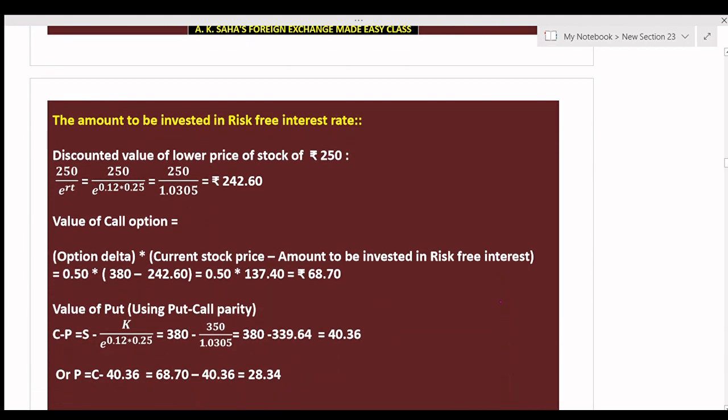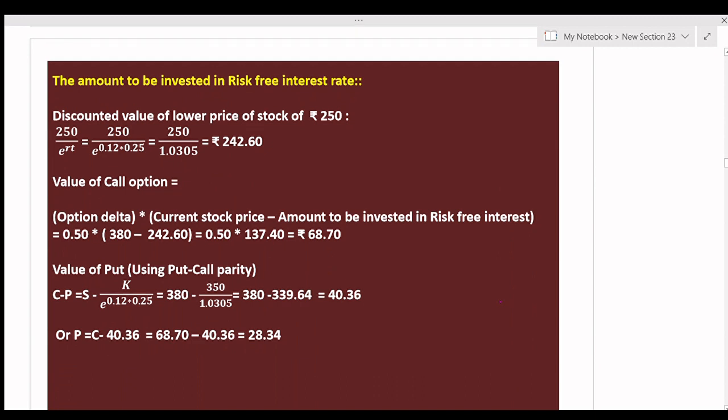Now the amount to be invested at the risk-free interest rate is the discounted value of the lower side of the stock, rupees 250. That is 250 divided by e to the power RT, the present value, which is 250 by e to the power 0.12 into 0.25, that is equal to rupees 242.